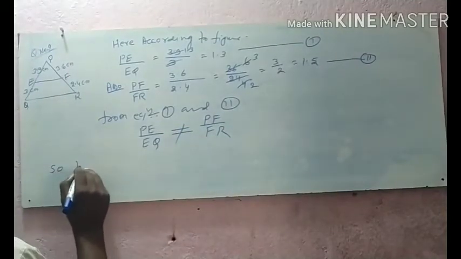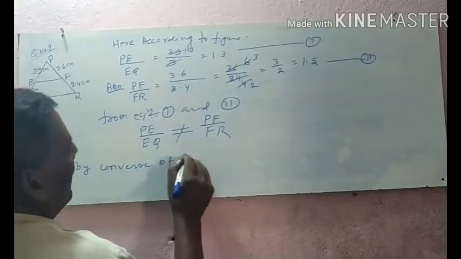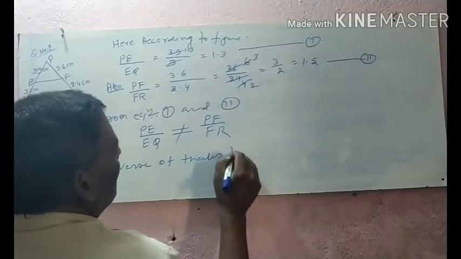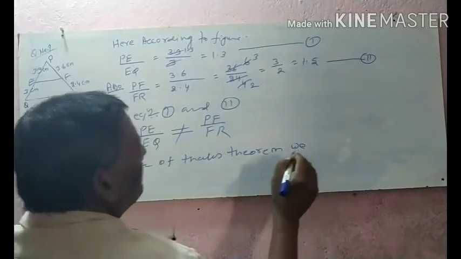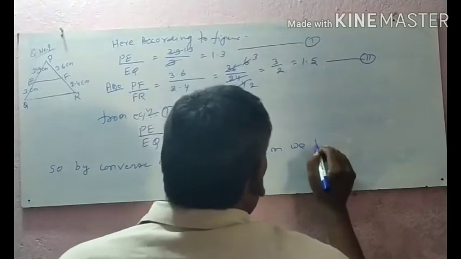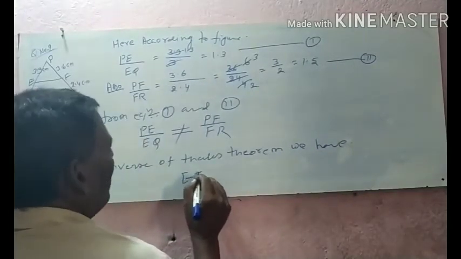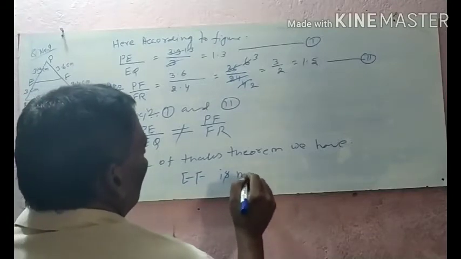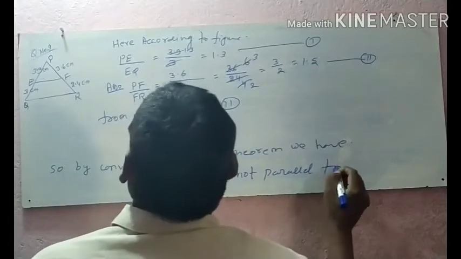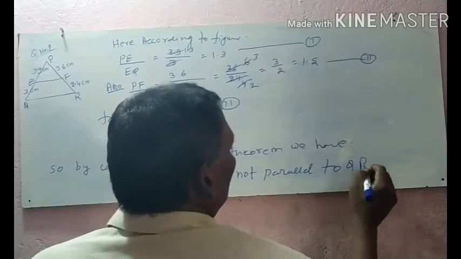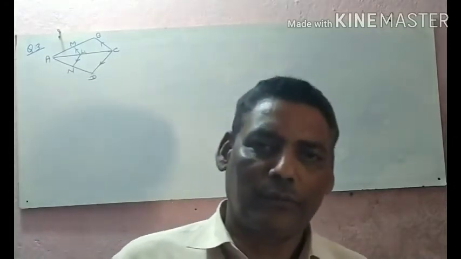So, by converse of Thales theorem, we have EF is not parallel to QR. Proved.